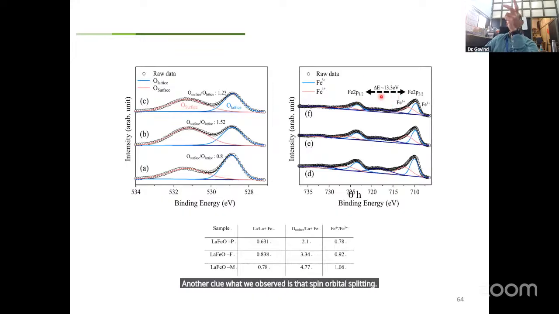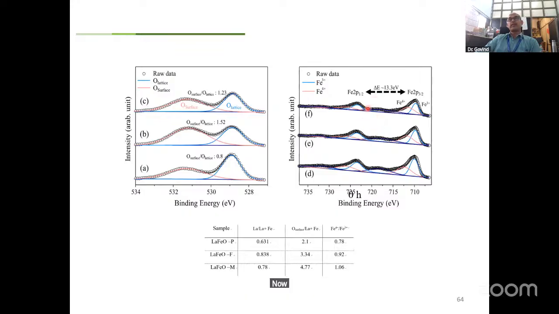Look here at this spin orbital splitting. For Fe, we have the Fe2p orbital, right? There is spin orbital splitting, so Fe2p 1/2 and Fe2p 3/2. We got a constant delta E of 13.3 electron volt. So that confirmed that it is the Fe binding energy.